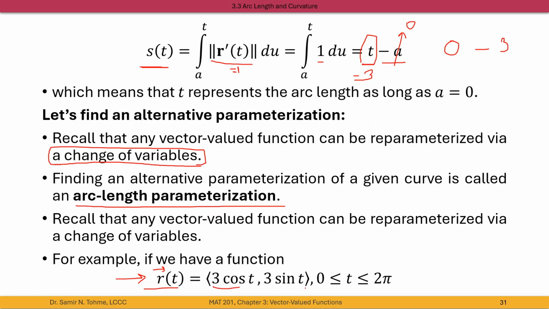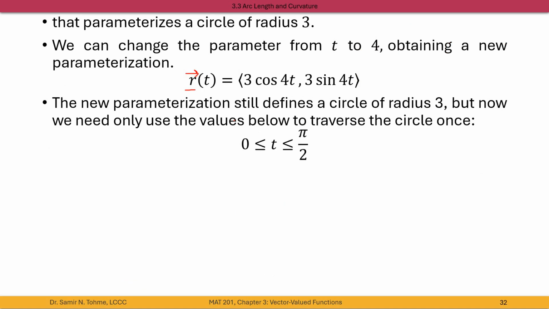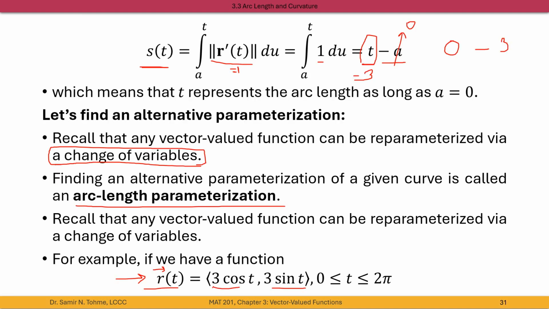This is the x component, and this is the y component. So we have a circle here, and this circle is of radius r. This is given that the radius is equal to 3, and we know that this represents a circle of radius 3 between 0 and 2 pi.